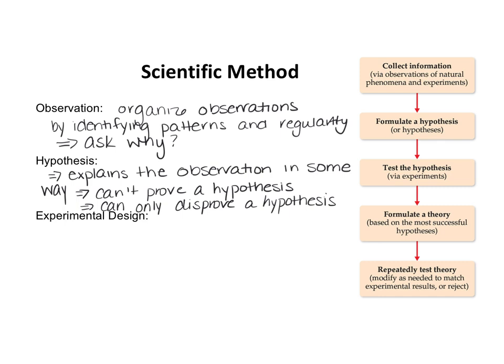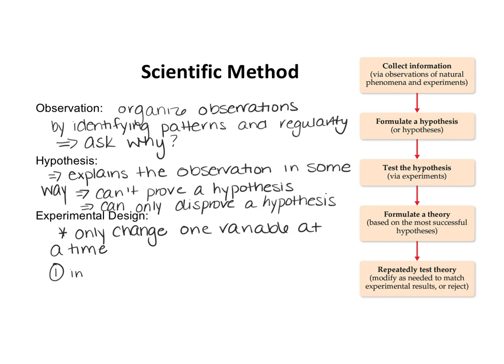Once you have a hypothesis, you need to design an experiment that will test it. When you're designing your experiment, it's really important to only change one variable at a time. There are two different types of variables that we can talk about.